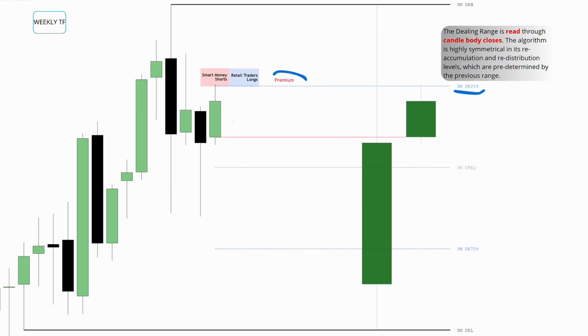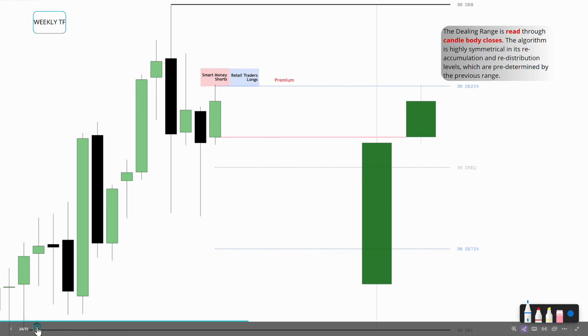Okay, but you need to think about power of three, the three phases. Remember, accumulation, manipulation, and distribution. Okay, in this moment 25, you need the close 25, smart money short, and retail traders longs in premium.